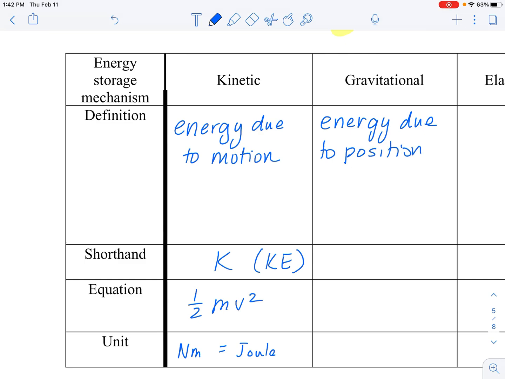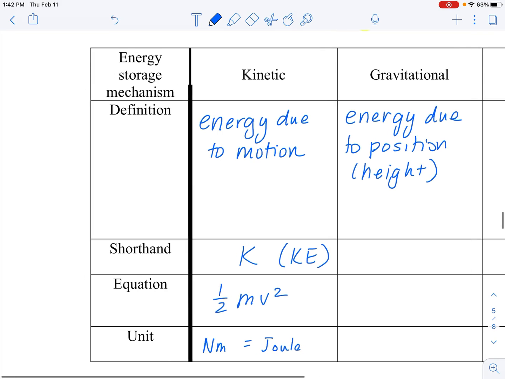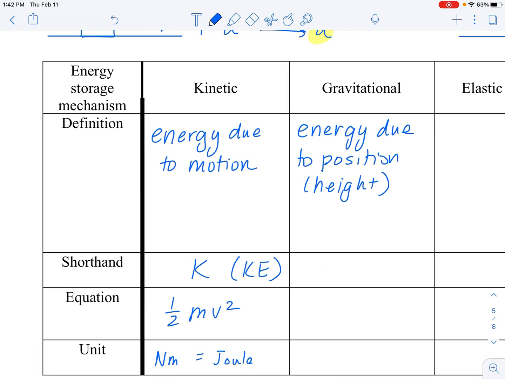The next kind of energy that we discussed was energy due to position. And in this case, the position we're talking about is height. So an object is placed on a table, it could fall off the table. We're storing energy in that position on the table. The full name of this is gravitational potential energy.